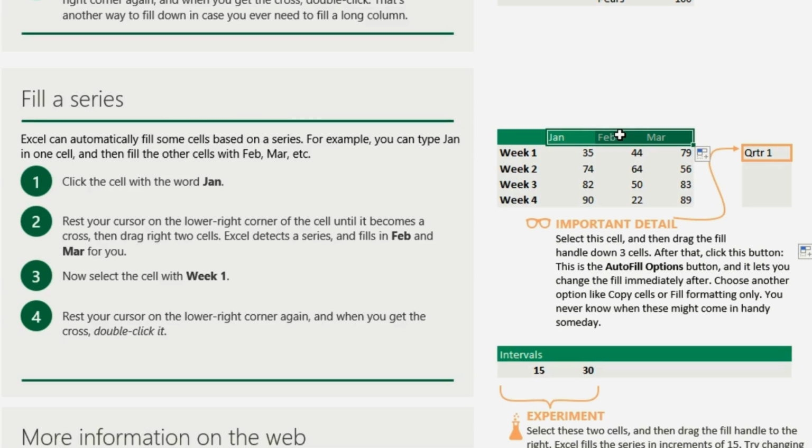And if you don't want that, you can click on the autofill options icon button that will appear once you finish dragging, and simply select the option that you're looking for. So in this case, actually you wanted to just copy the cell January all the way across, and you would be able to adjust it this way.